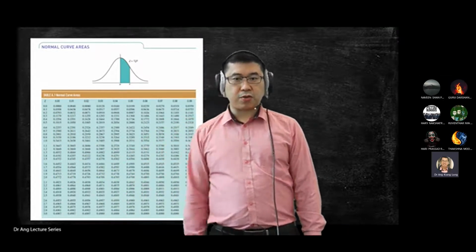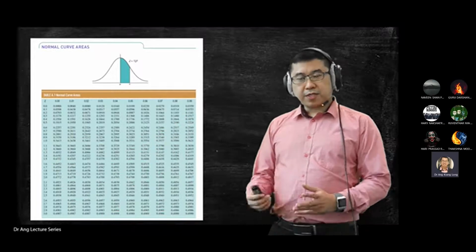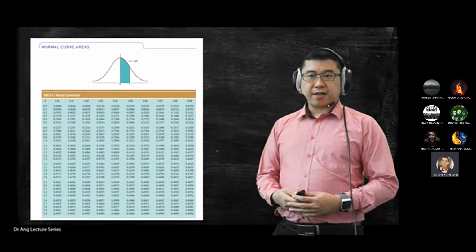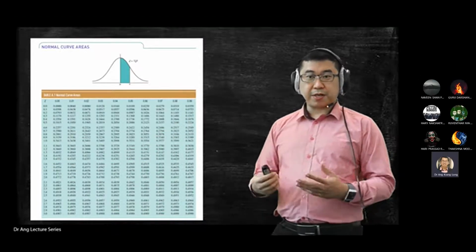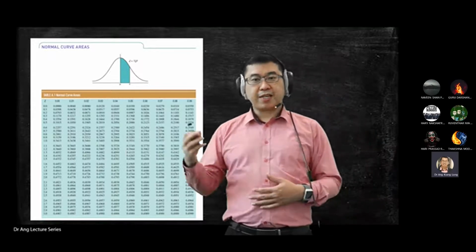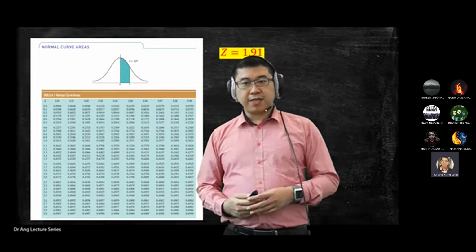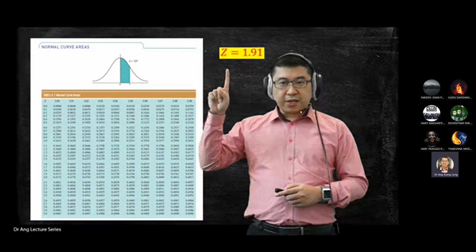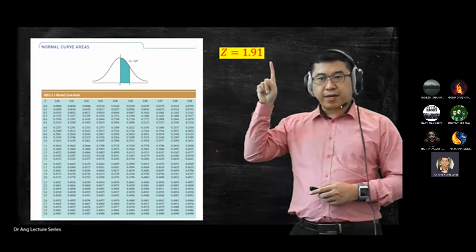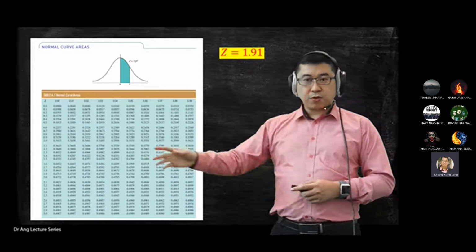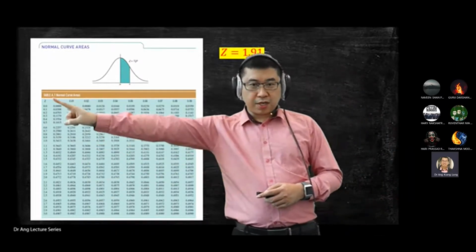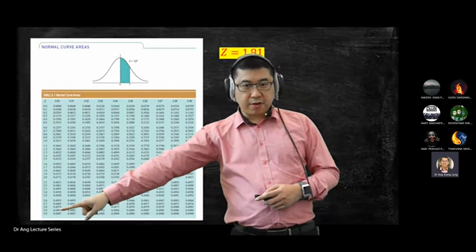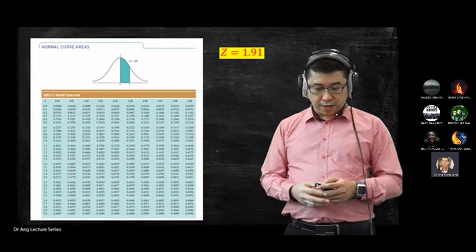This is a very automatic, self-explanatory step. Once you get Z, you refer to this table. And just to recap, to help you use this table: Z equals 1.91. So you go to this table, go to the far left column there, and look for 1.91.